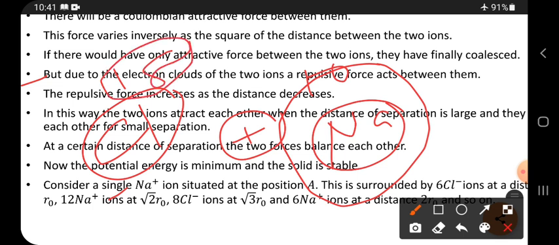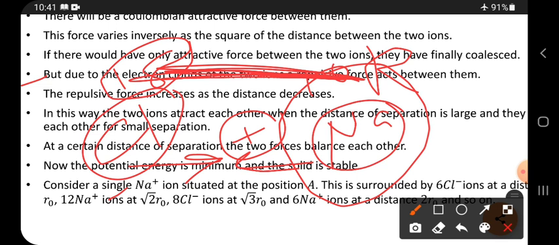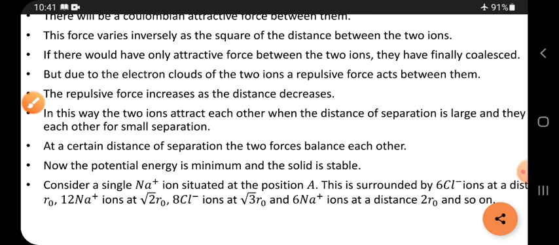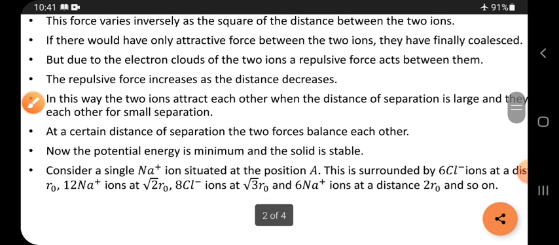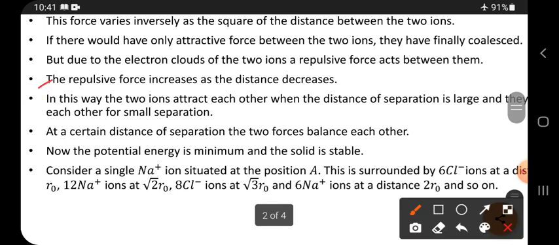So what happens when these two opposite charges come nearer to each other? A repulsive force will act between them. Not only between the two charges but also between the two ion cores, the positive core and nucleus, the repulsion force increases. The repulsive force increases as the distance decreases.